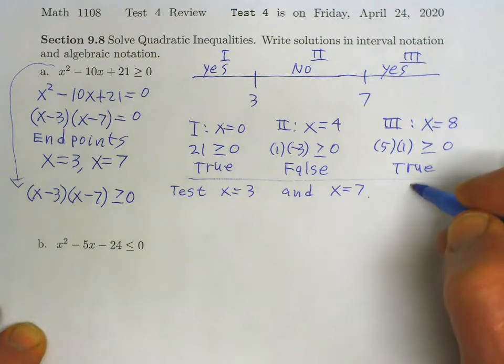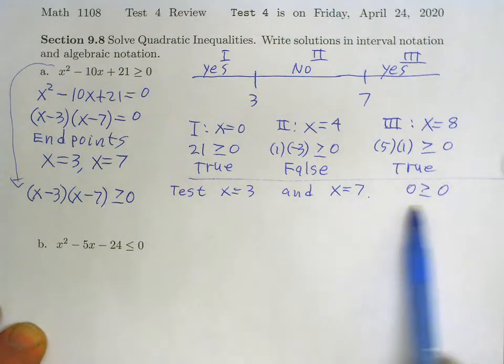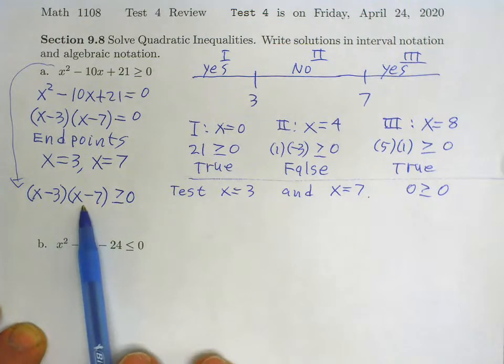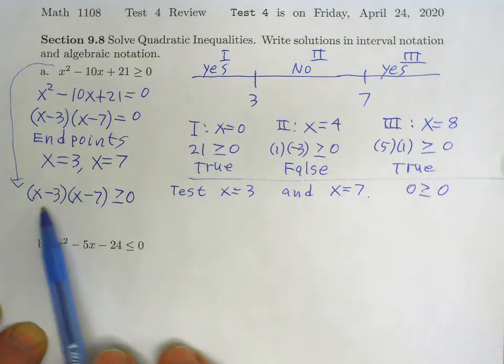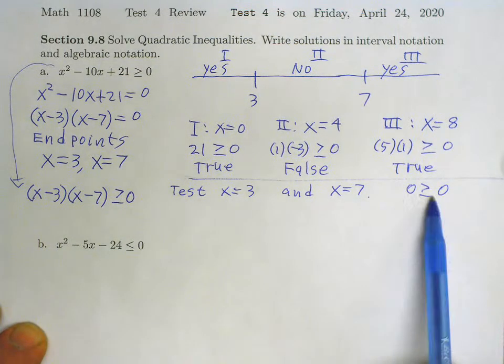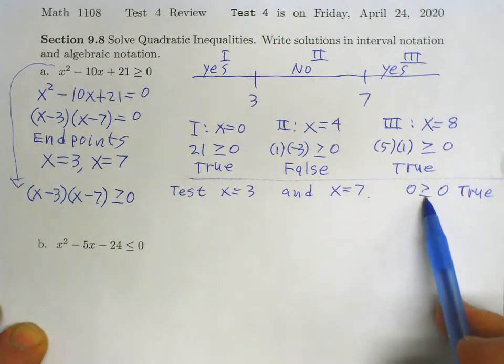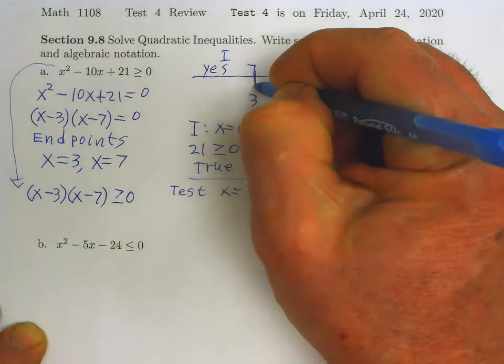So we get the inequality 0 greater than or equal to 0. We get the same inequality when we test 7 because this factor becomes 0 when x is 7. And 4 times 0 is 0, so 0 greater than or equal to 0. That is true. It's the or equal to 0 that makes it true. So we include both endpoints.